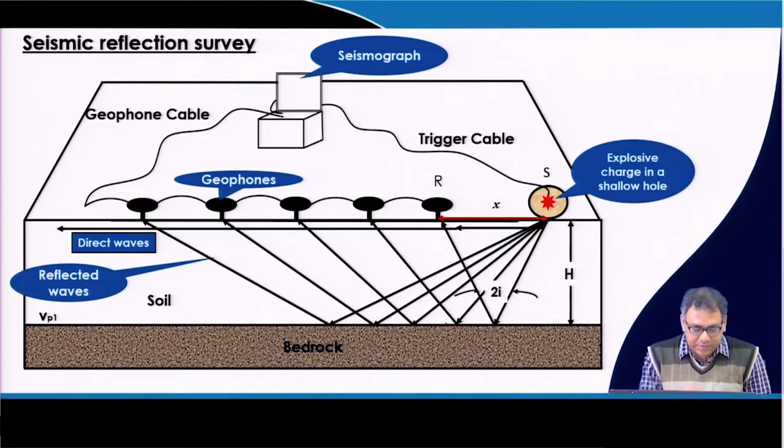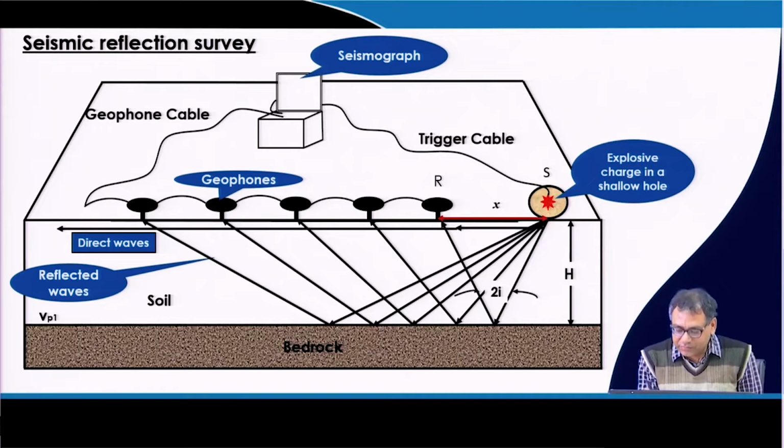In the seismic reflection survey we have one source on the ground surface. Suppose this is the source on the ground surface, and these are the geophones, or these are called receivers. So, this is the source, these are the receivers, and then we generate one source.